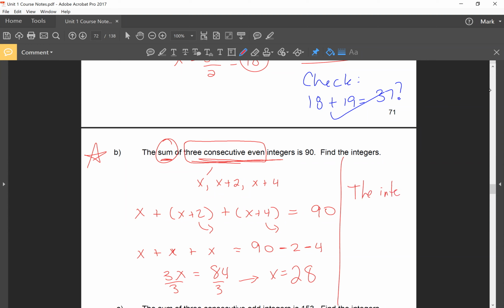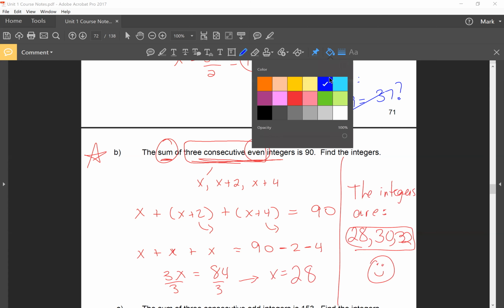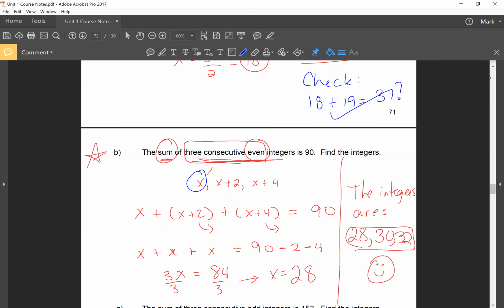The integers are, now be careful here, 28, 29. Okay, nope, you're so close. But remember, they're even integers. So the first integer is X, 28, then 30, and 32. Perfect. If anybody's wondering where I got those numbers, look at the blue.